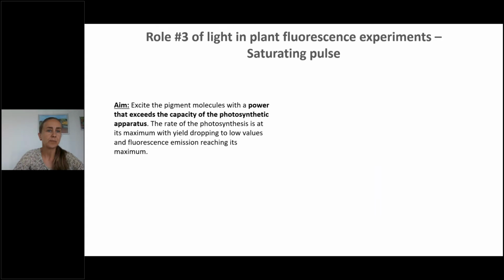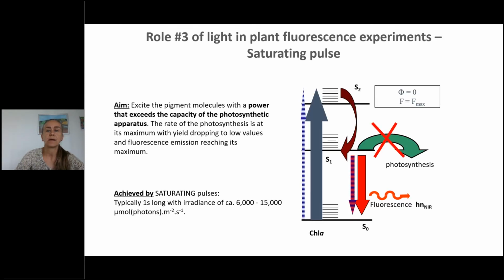And the third light that plays a key role in chlorophyll fluorescence measurements is the saturating light. This is the light that excites the pigment molecules into the capacity that actually exceeds the capacity of the photosynthetic apparatus. So with the saturating pulse, which is usually around 800 milliseconds to 1 second, no photosynthesis is operational.